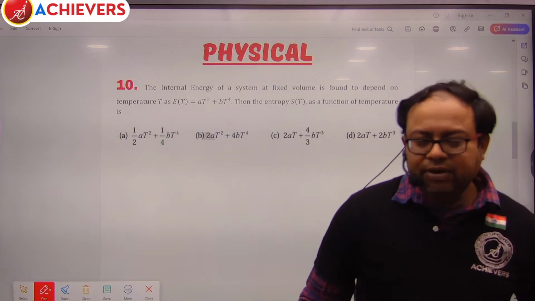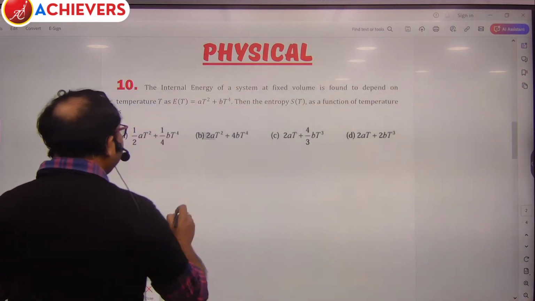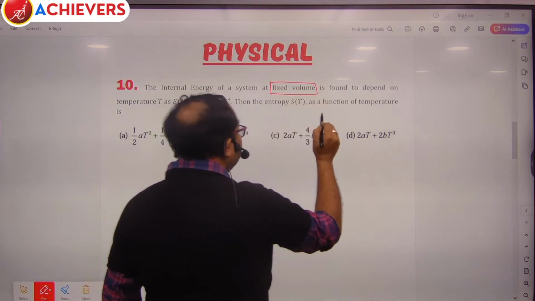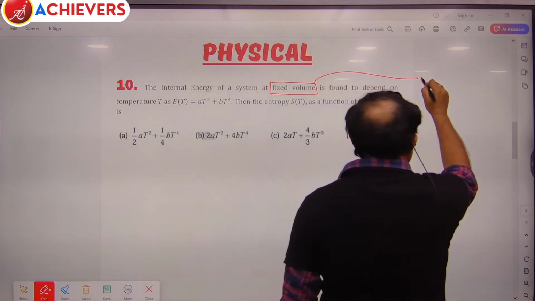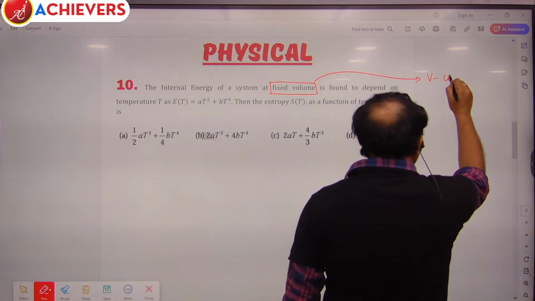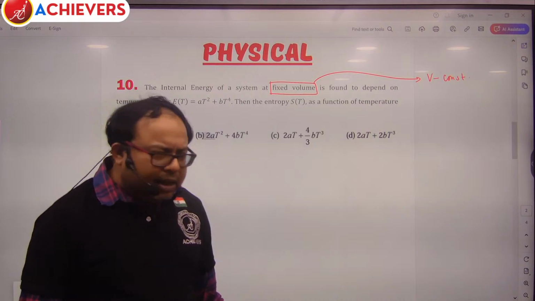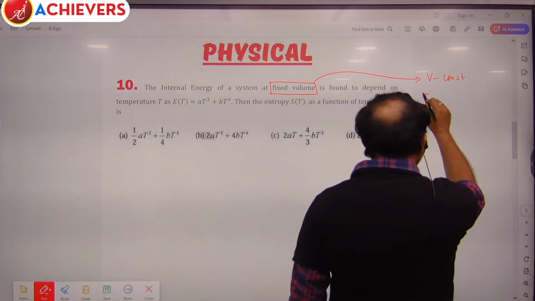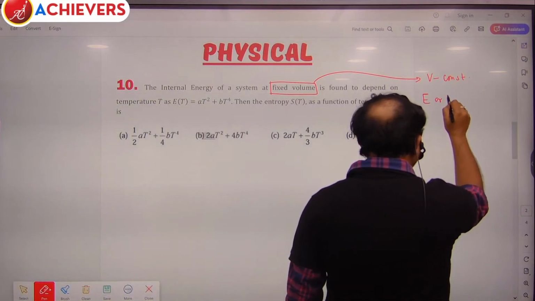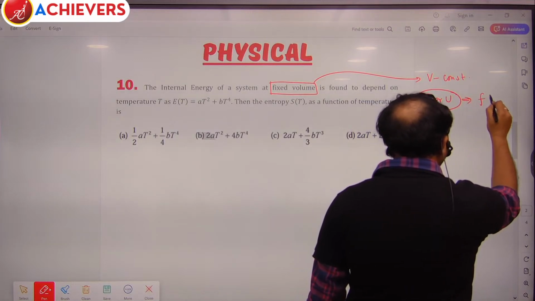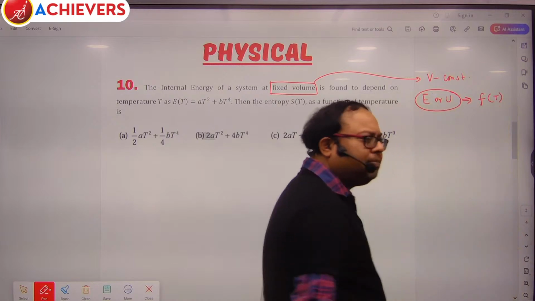So what is given? You see, the first thing is fixed volume. This pertains to the fact that volume is kept constant. This is very important. Internal energy E or U, whatever it may be, it is expressed as a function of temperature.